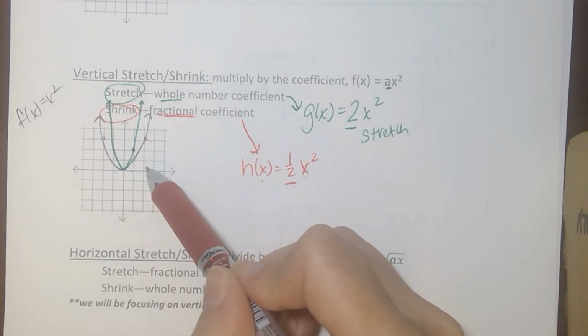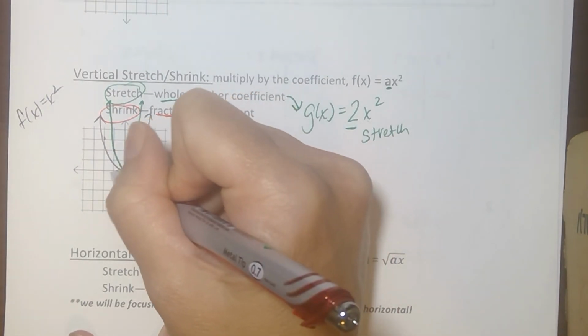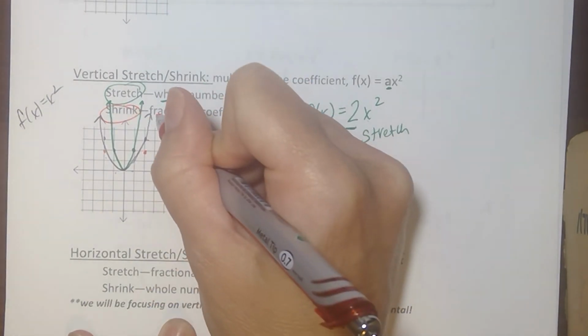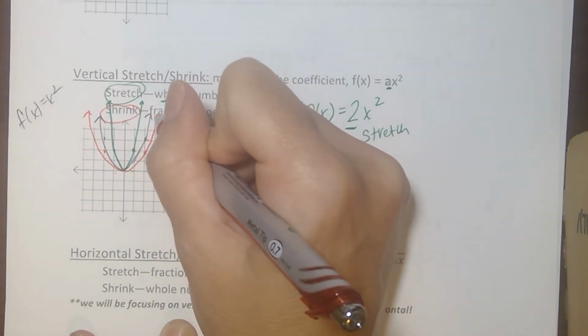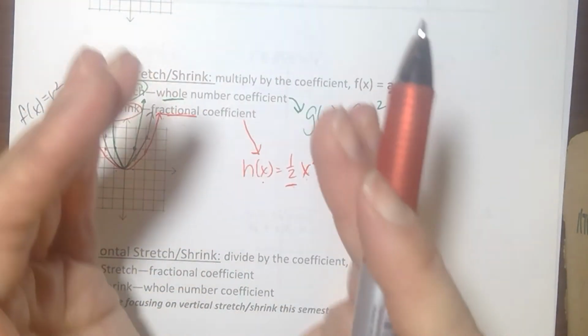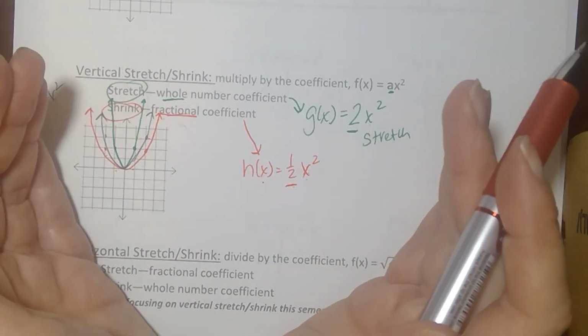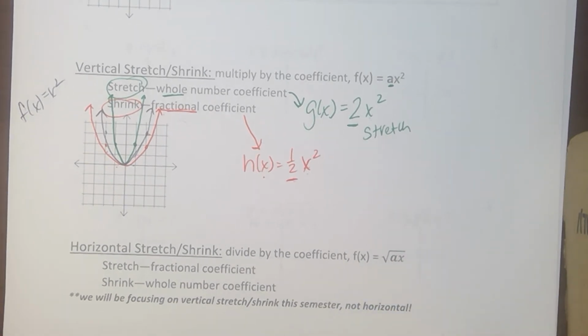So instead of going over 2 and up to 4, now I'm going to go over 2 and up to 2. So I have a wider parabola, and we say this is shrinking because we think about squishing the ends together. If I take that parabola and I squish the ends, it flattens out and gets wider. What the shape does, whether it gets skinnier, wider, pulls up, whatever, depends on what shape I've started with.